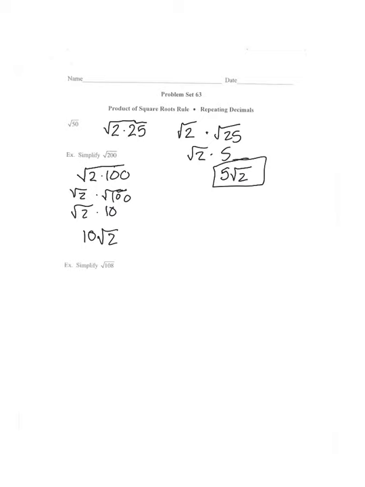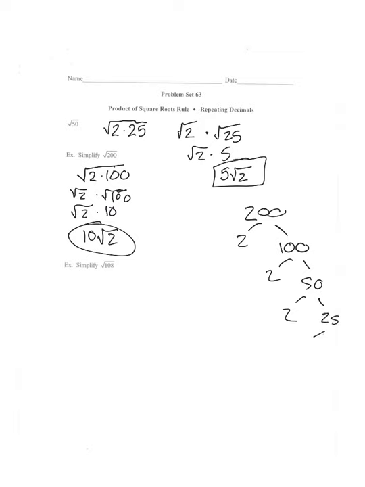Another way that we could do that is we could write the prime factorization of 200, again going back to our factor trees, and recognizing our pairs of values. For example, 2 times 2, 5 and 5.